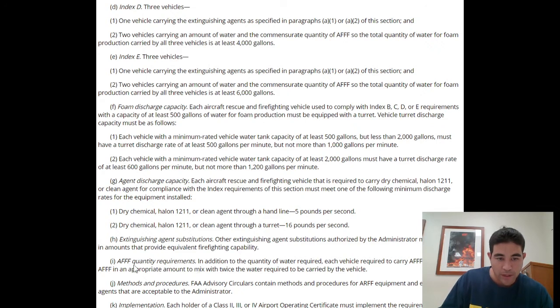Here's another important one, AFFF quantity requirements. In addition to the quantity of water required, each vehicle required to carry AFFF must carry an appropriate amount to mix with twice the water required to be carried by each vehicle. So we have a bunch of foam barrels, big storage tanks in the back of our station. We have more than double the amount of foam that we have in all of our trucks, and that's because of right here.